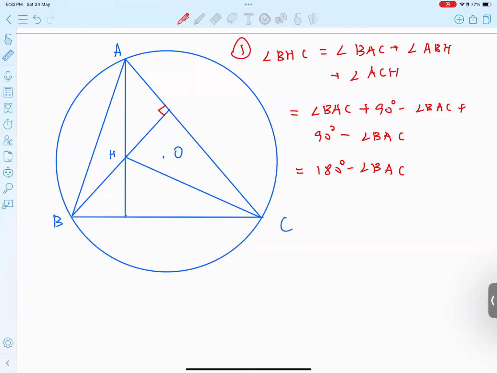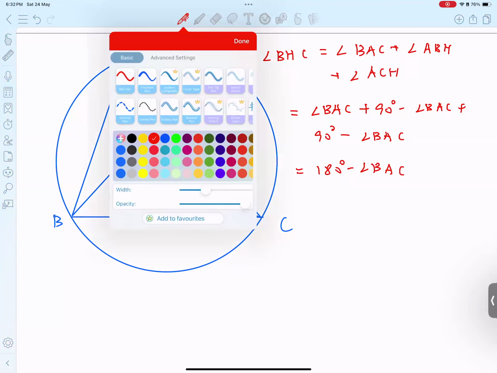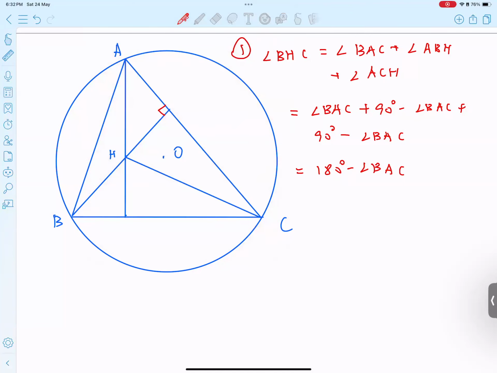And the second lemma is to prove that BAH is equal to OAC. So let's connect this line. An important idea in geometry is reduction. You reduce the diagram into the elementary points.